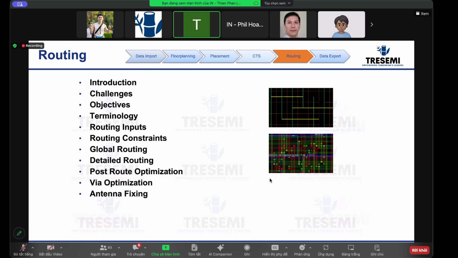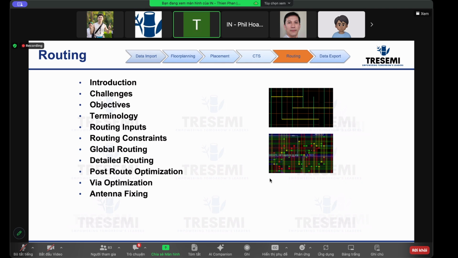So unless you know ahead of time that your design will have some SI issue, by default, global route is not going to consider timing driven or SI. You can turn it on, but it's going to take longer.